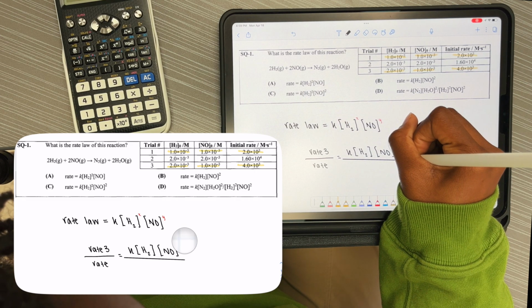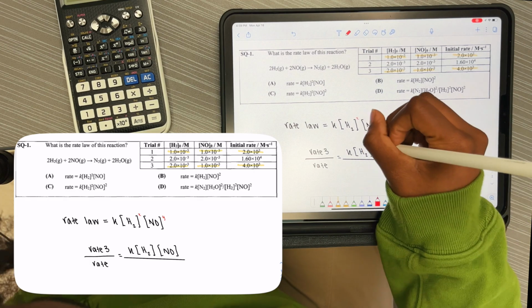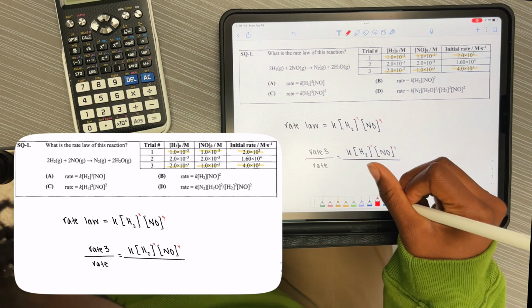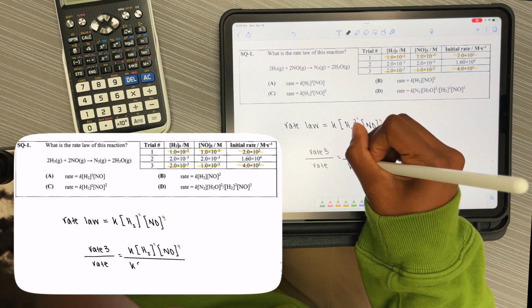So I'm just writing this rate law over again, and then we will plug in these numbers.